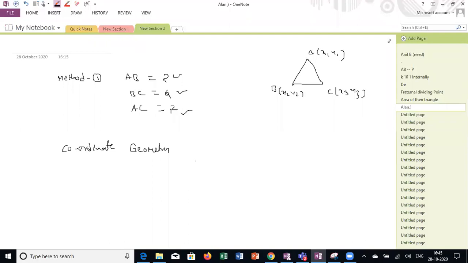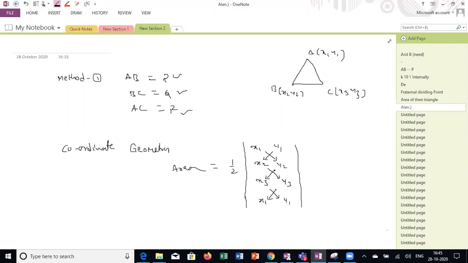Matrices will come in plus two, but for now write all the coordinates vertically. The area formula will be equal to half. This is a shortcut to remember the formula. Write x1 y1, x2 y2, x3 y3, and then x1 y1 again, repeating the first point you wrote at the end.